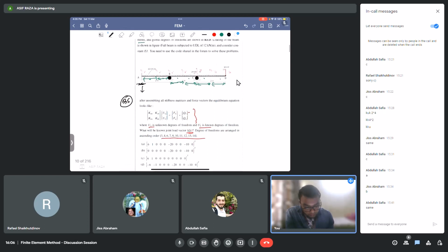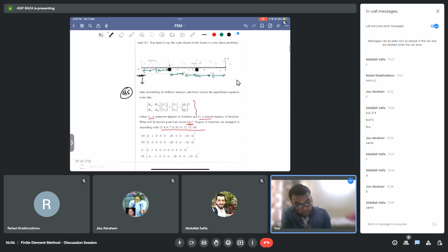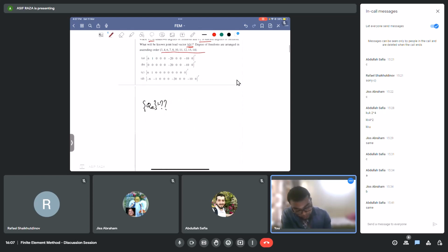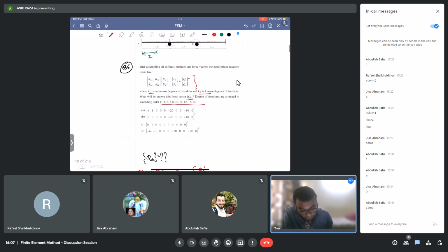So if I take the first element, element 1, q11, q12, q13, I'll just write like this, q14.